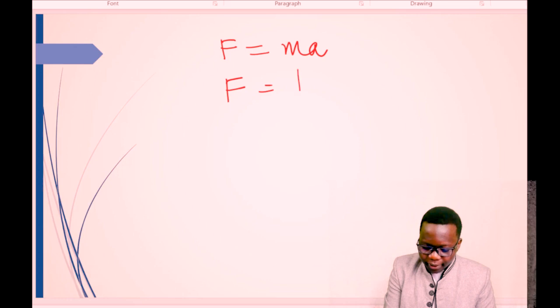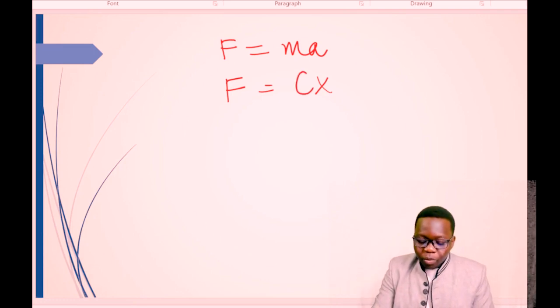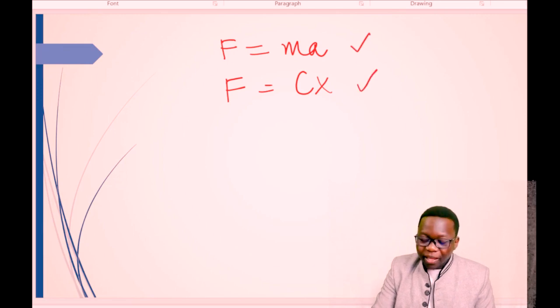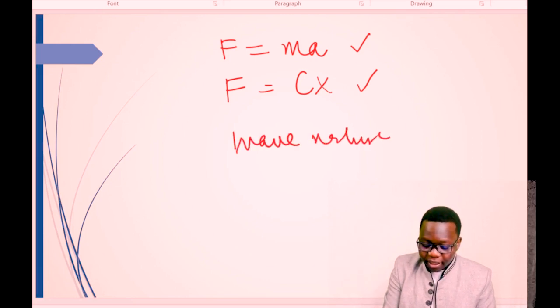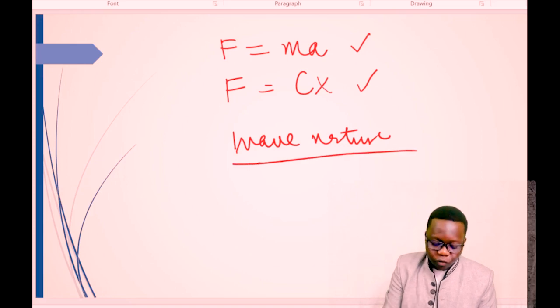Also, the extension constant. In this case, I might have to use any letter. Let's use C in this case according to what we're using here. So it must obey Newtonian mechanics, Hooke's law, and then also it behaves as a wave. It has a wave nature, so we should be able to get the solution of the wave.